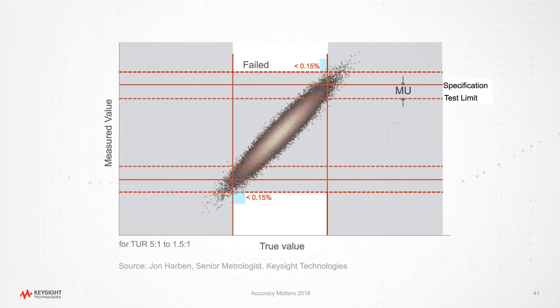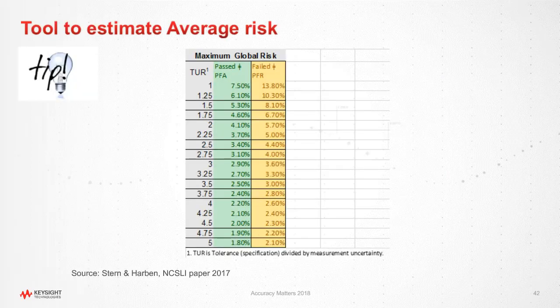So here's a table, and I've marked this as a tip that my colleague John developed for our paper. What you can look at is, you don't even need to know the measured value. You just need to know two things: what's your spec and what was the uncertainty? If you quickly divide those two and come up with a test uncertainty ratio, for example here 4.25, that would be 2.1%.